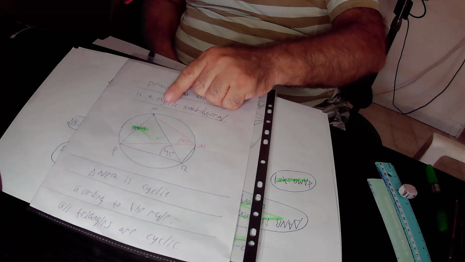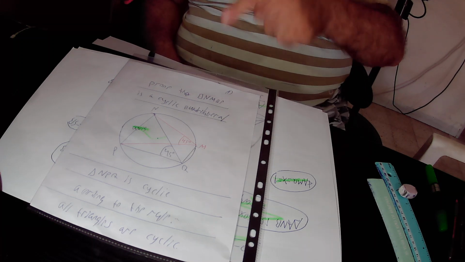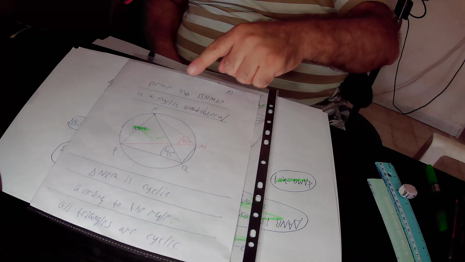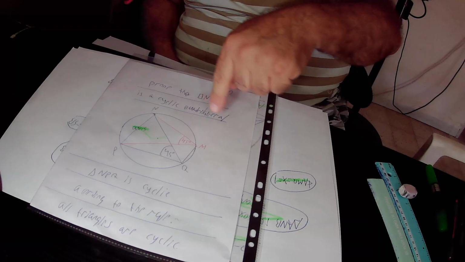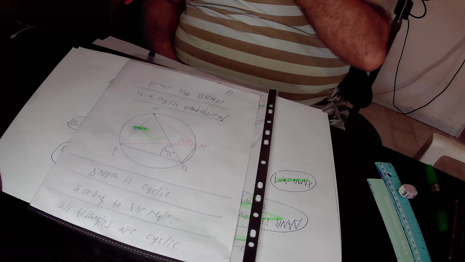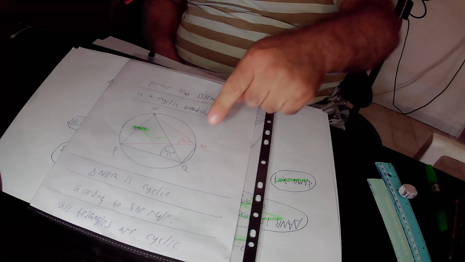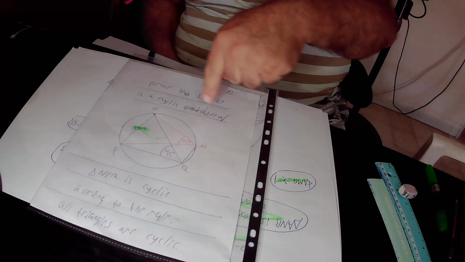In this way, we created quadrilateral NMQP, which is inscribed by this circle. So in conclusion, we found out that quadrilateral NMQP is a cyclic quadrilateral because it can be inscribed by this circle.